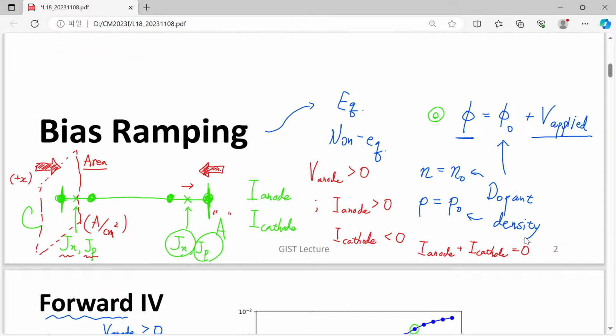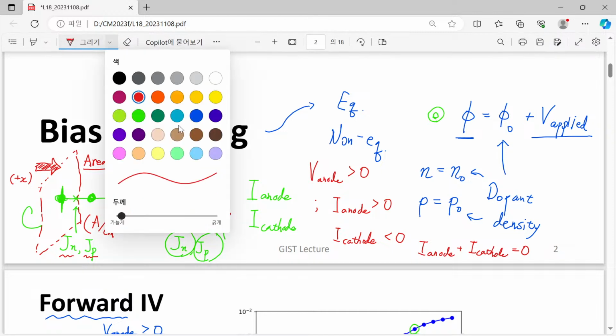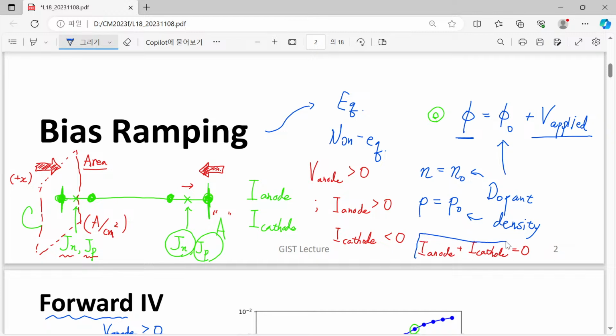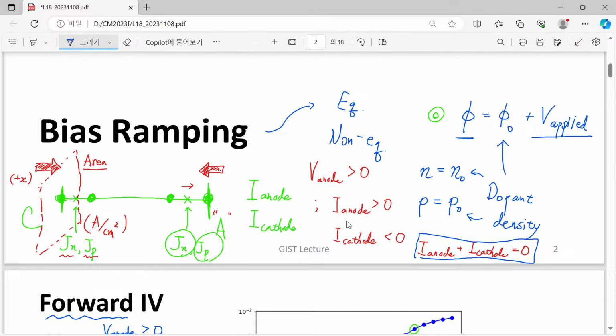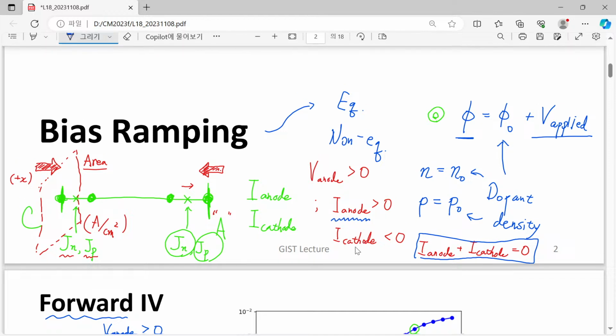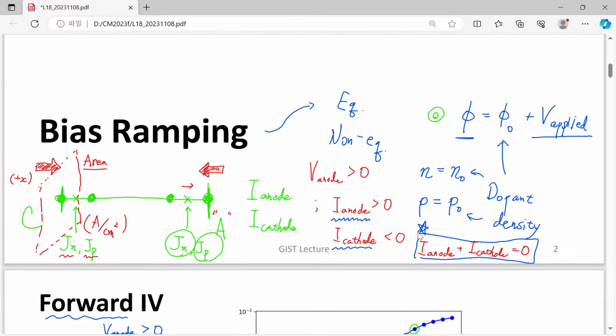But maybe you remember that in the previous lecture, I recommend you not try to apply this current conservation. Instead, first directly calculate your anode current and cathode current and use this current conservation to check the accuracy of your simulation result.